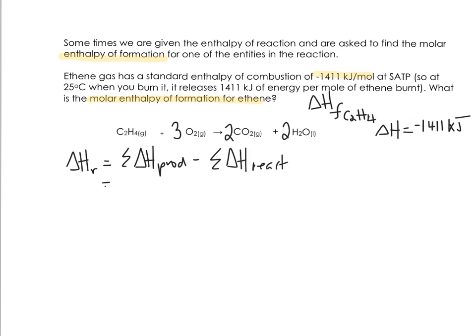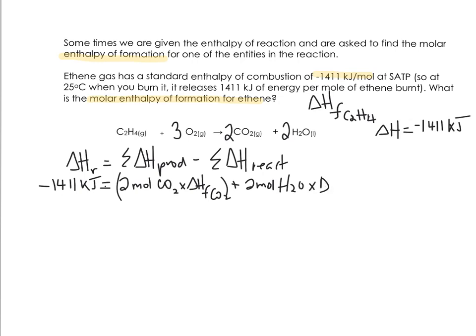So negative 1411 kilojoules is equal to 2 moles of CO2 times the mole enthalpy of formation of CO2 plus 2 moles of H2O times the mole enthalpy of formation of H2O.